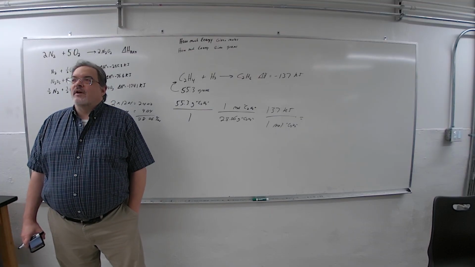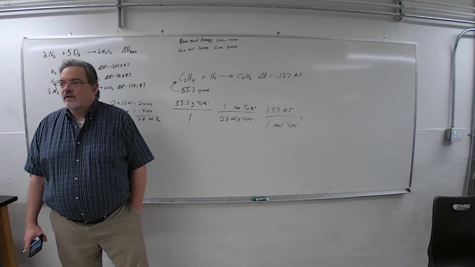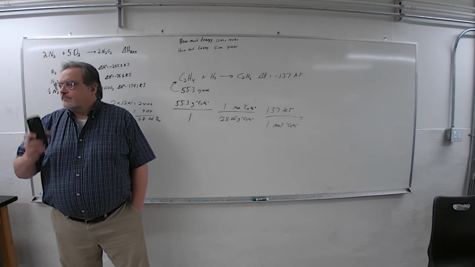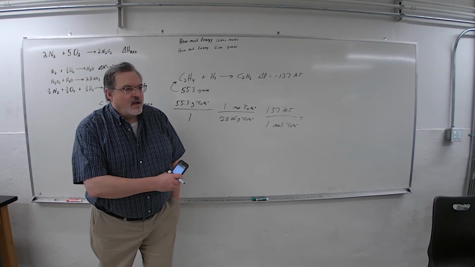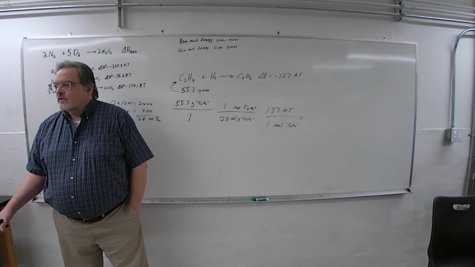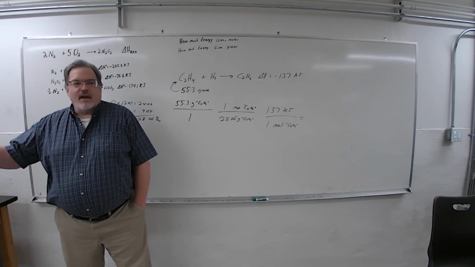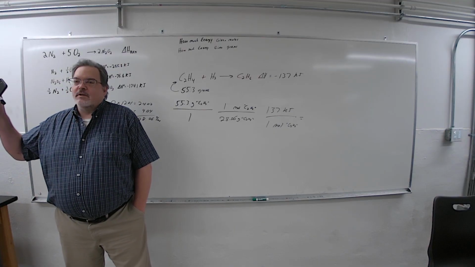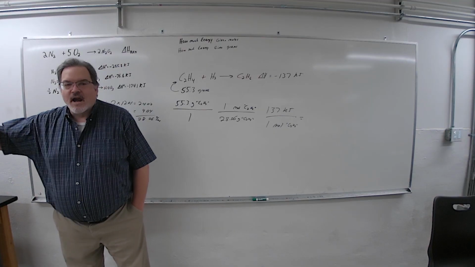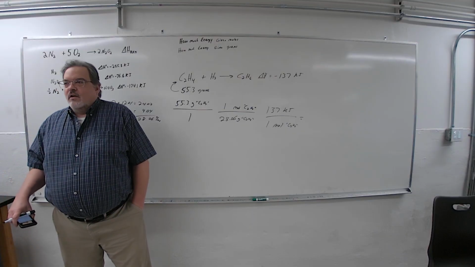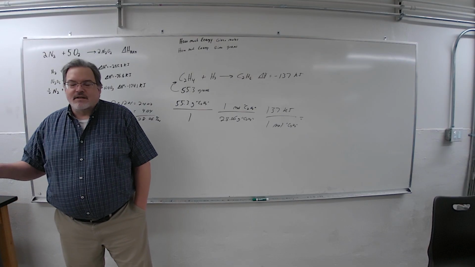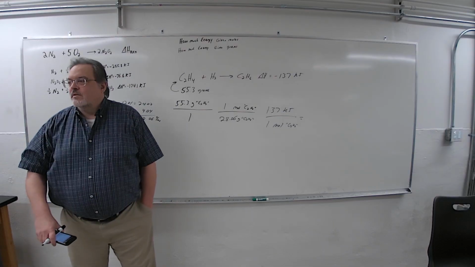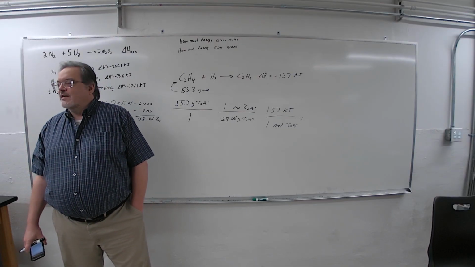If the question is phrased, how much energy is released, it's sort of like saying, if you left here with $20 and you came back here with $15, and I said, okay, everybody, how much money is she down?